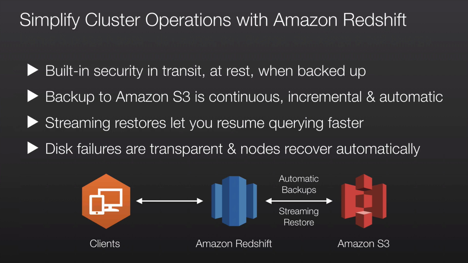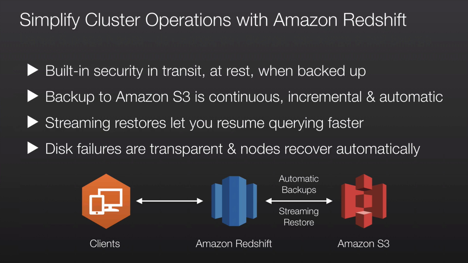We've done some work, as I said earlier, to provide an automation framework which helps make it easier for you to run and operate Amazon Redshift clusters. Includes features like built-in security, so in transit, at rest and also when backed up using encryption. Backup to Amazon S3, which is continuous, incremental and automatic, and we'll show you how to restore from backups later on in today's session.